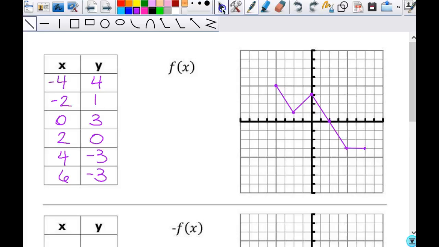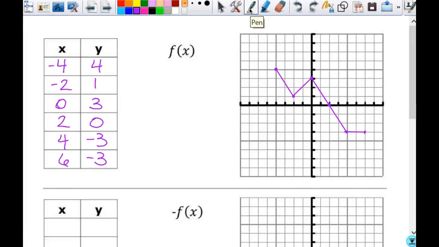Okay. We can plot those points, right? So this is just the original function.